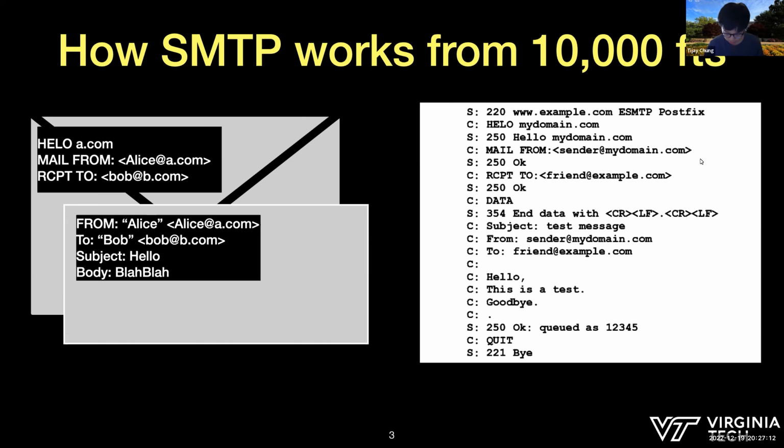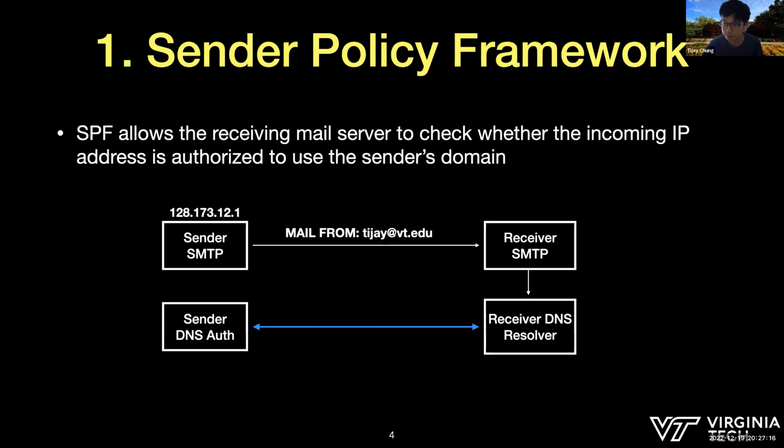To solve this limitation, the Sender Policy Framework (SPF) protocol was introduced. This allows the receiving mail server to check whether the incoming IP address is authorized. Again, the email protocol is an application level protocol, which means you have to make a TCP connection to establish a channel.